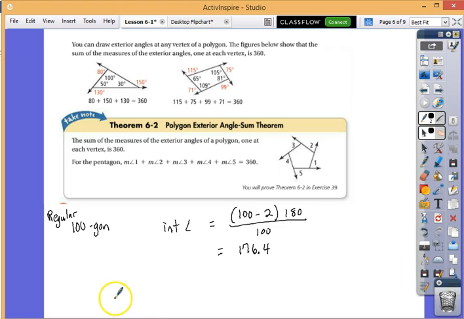The supplement to 176.4 is equal to 3.6 because 3.6 and 176.4 equal 180. So there's 100 angles on the outside of a regular 100-gon that measure 3.6. What's 3.6 times 100? 360. So 360 degrees has to be the answer when you're dealing with the sum of the exterior angles of any polygon. Doesn't have to be regular.